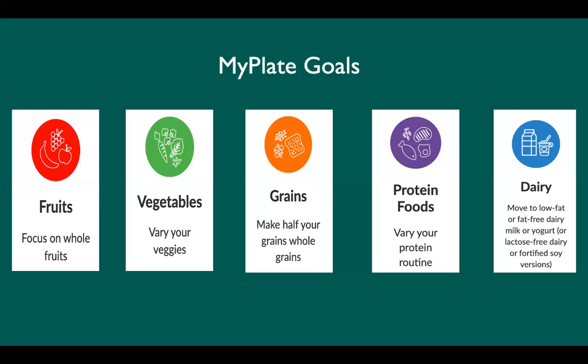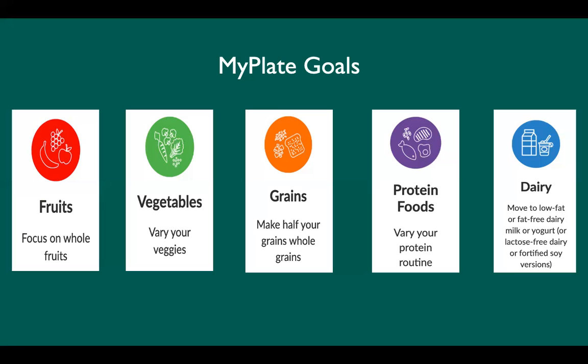For grains, they want you to make half your grains whole. What that means is instead of eating white bread, consume whole grain bread, or instead of eating white rice, have brown rice. And then protein. Vary your protein as well.